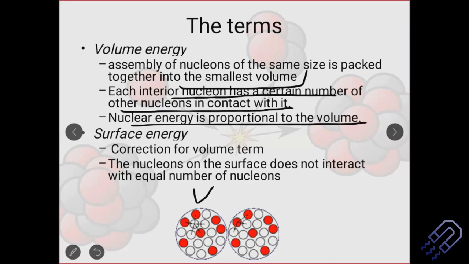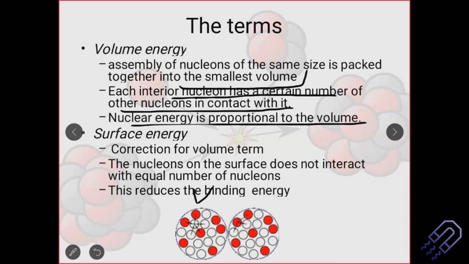So these were not observed. You cannot take a microscope or a SEM or a TEM machine and observe it under a high resolution microscope. Not possible. These are theory, and these theories are more or less empirical, based on observation. We understand this is something like surface tension. The nucleons on the surface do not interact with an equal number of nucleons, and this reduces the binding energy.